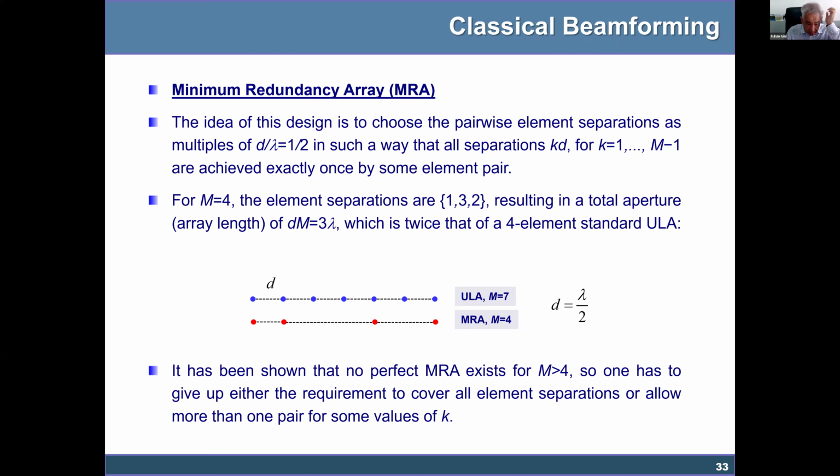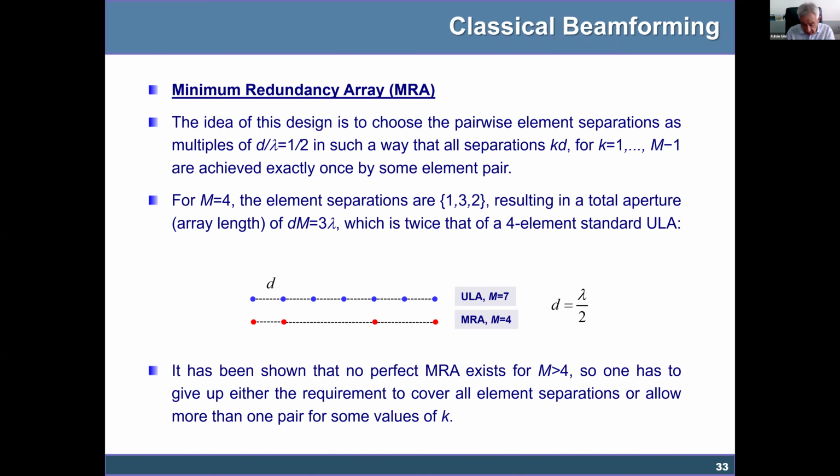Now, a perfect minimum redundancy array actually does not exist if M is greater than 4. So if you want a larger sparse array with this principle, you have to accept either that some distances are not present or that some distances are provided by more than one couple.